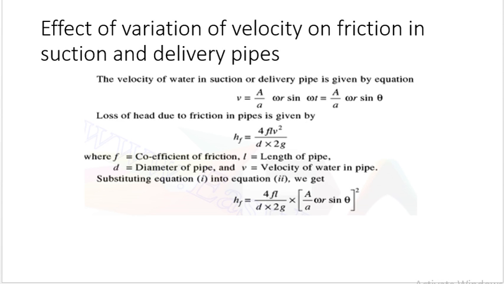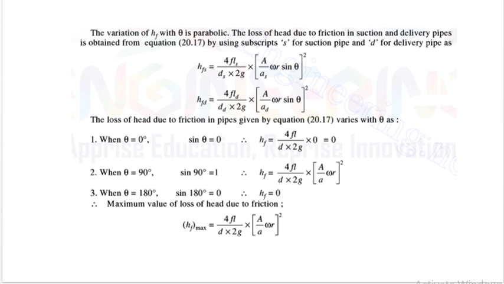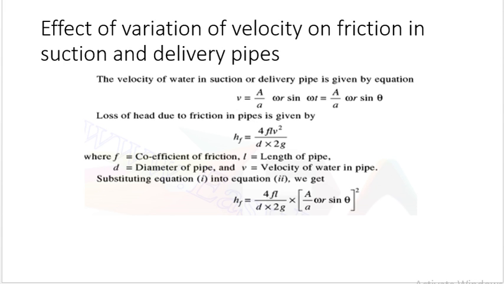What will be the value of this hf? hf will be 4 f L. If we need to calculate the loss of head due to friction in suction pipe, in that condition, in place of this L, we will put Ls. It means length of the suction pipe, because friction can happen in both the pipes, that can be a suction or can be a delivery pipe.